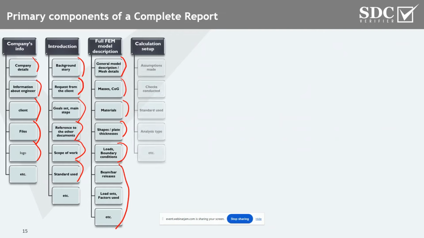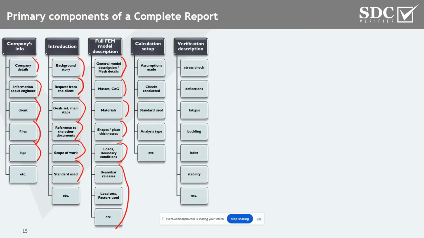Calculation setup, of course. So you also need to highlight any assumptions made, checks conducted, what analysis type was used, and so on. For example, when it comes to verification, you need to describe the checks you do. Whether it's a lifetime estimation, strength check or buckling, you need to point out how you are going to do that.